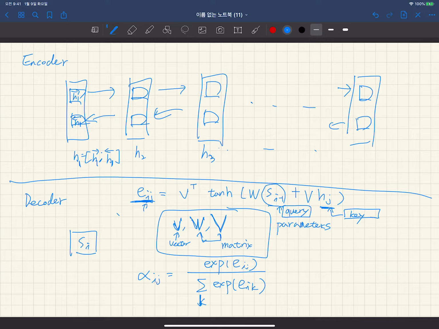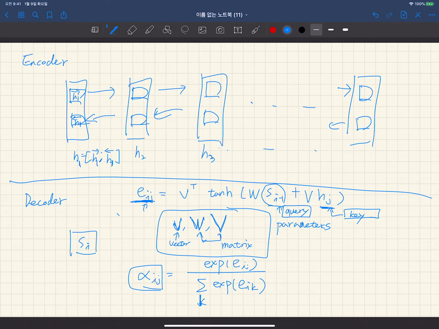Using this alpha ij, we model the adaptive weight, which controls how much we focus on each position to generate the current position's output.